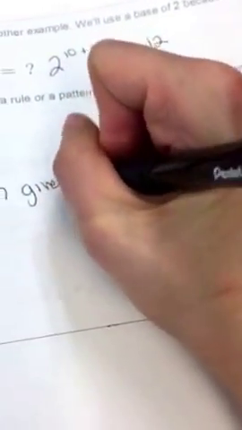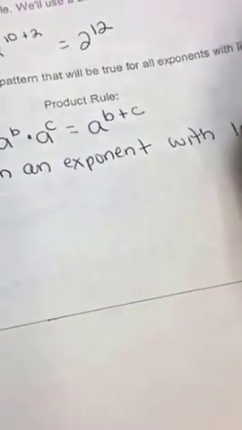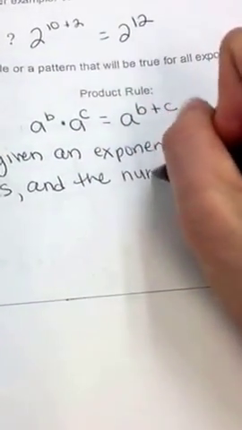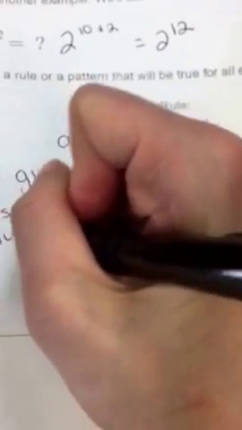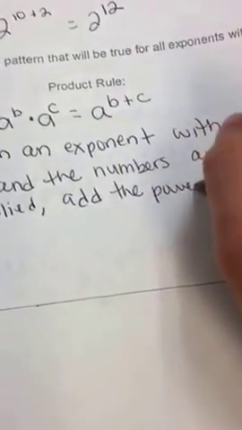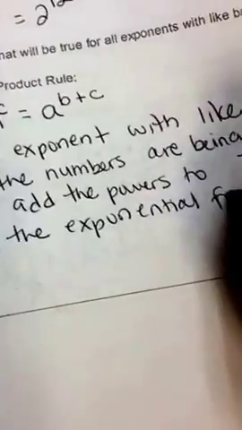What that means is, when given exponents with like bases and the numbers are being multiplied, add the powers to find the exponential form. Okay, so we can look at just a couple of examples on the self-check.